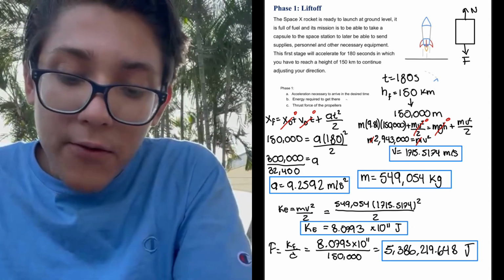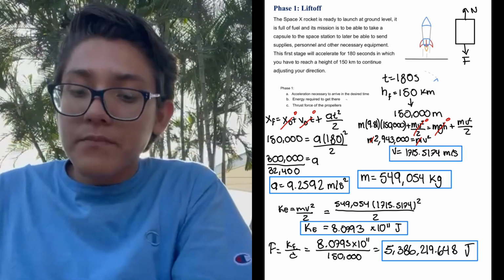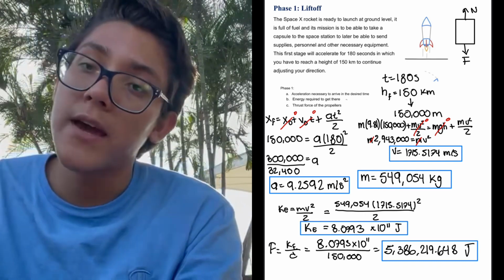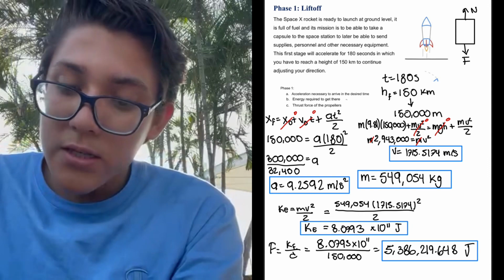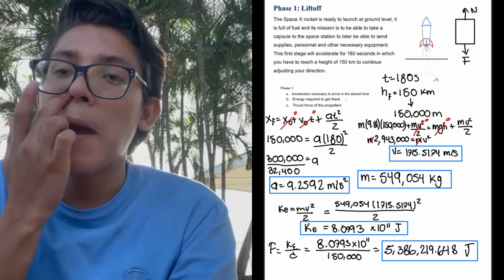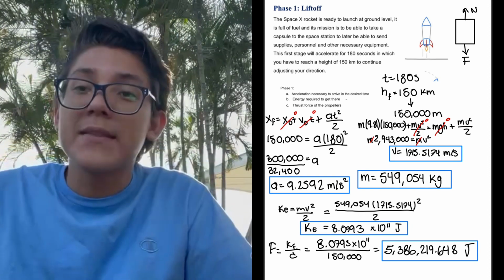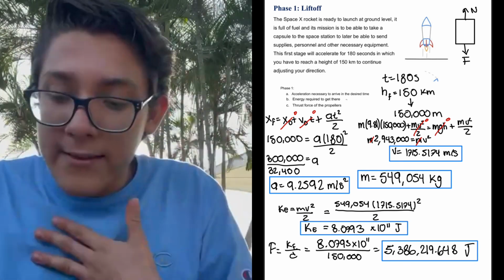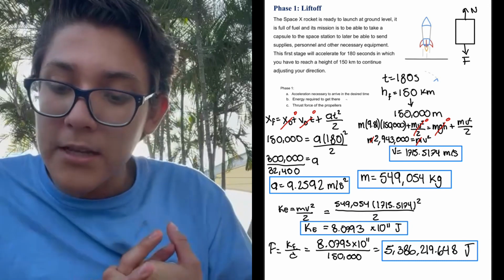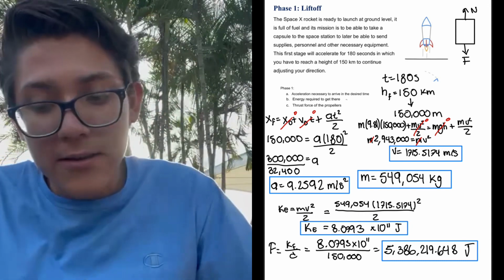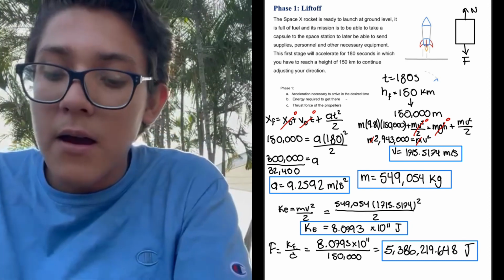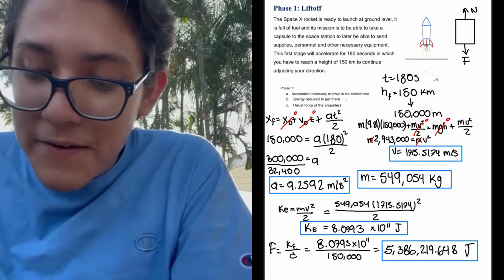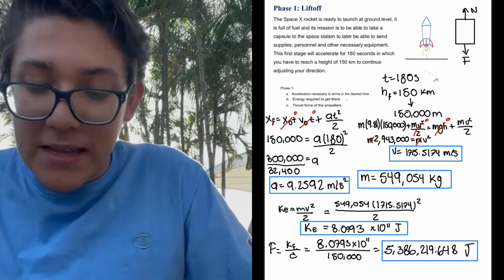Then we are asked for the energy required to get there. For this, it would be the kinetic energy, so we have to get the velocity, which would be equaling the mechanical energies, and the masses will be cancelled, and the final velocity will give us 1,715.5172 meters per second.